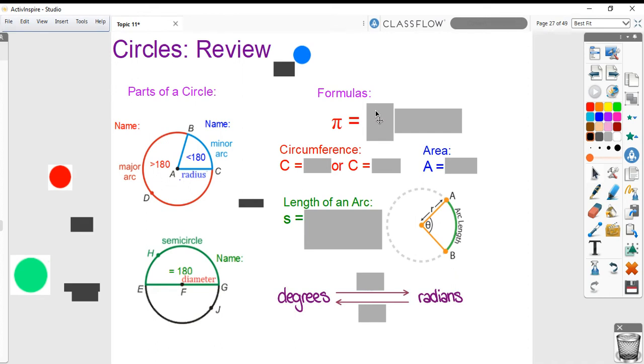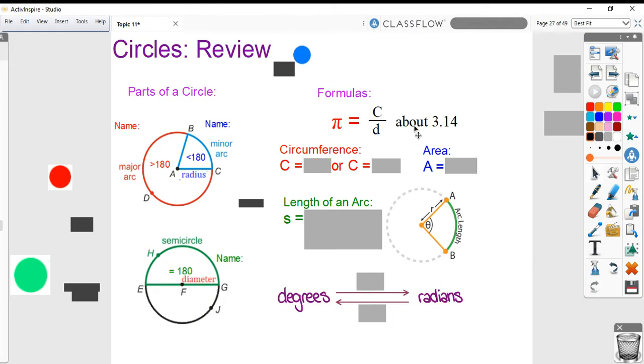Up next we've got a bunch of formulas. This first one right here is sort of kind of a formula, but what it really is, we know that pi is a constant. It is a number. This symbol represents the same number every time. It is approximately 3.14. But when we talk about it specifically with circles, we also know that it is a ratio comparing the circumference divided by diameter.